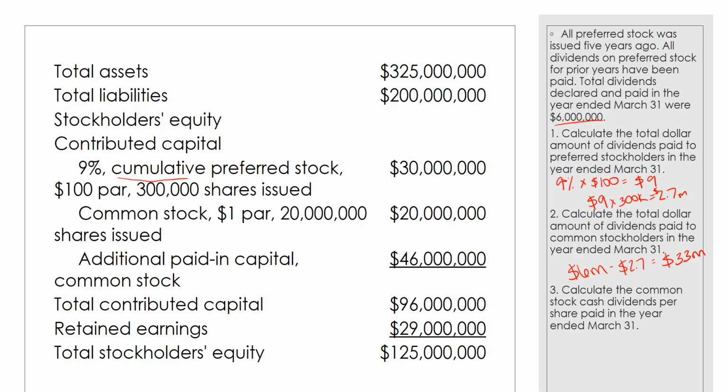If we take $3.3 million and we divide that by the 20 million shares outstanding, then we get 16.5 cents per share. So $3.3 million, which is what common shareholders are being paid collectively, divided by 20 million shares of common stock outstanding, we find that each shareholder is being paid 16.5 cents.